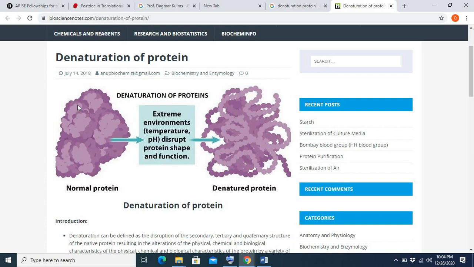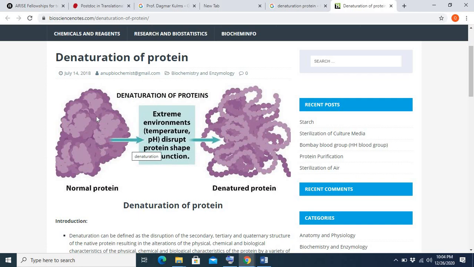This quaternary structure of protein is found in our body when our body has optimum temperature, optimum pH, and optimum concentration of salts. So what happens if we increase the temperature, pH, and salt concentration in our body or during any experiment?